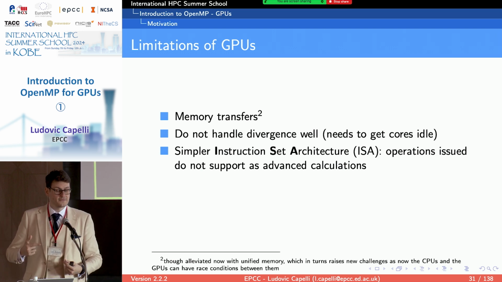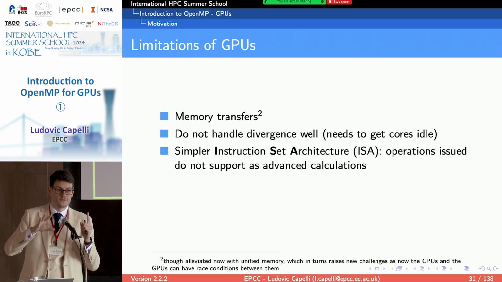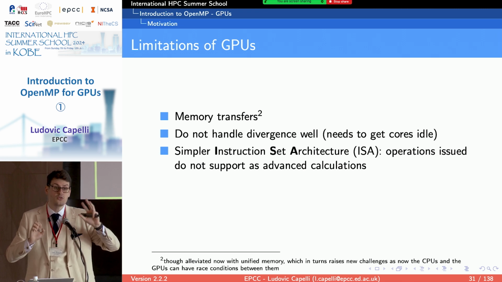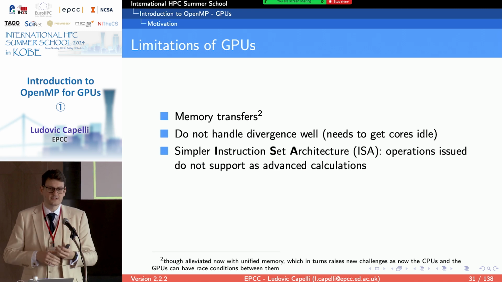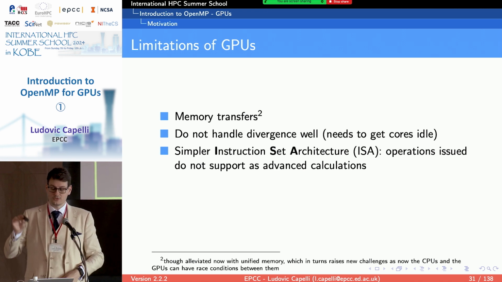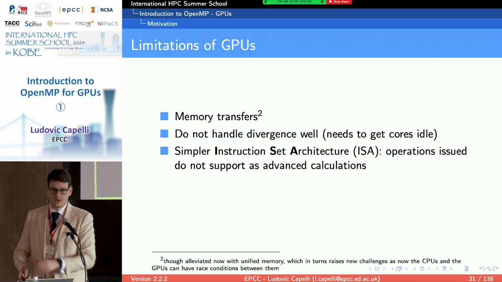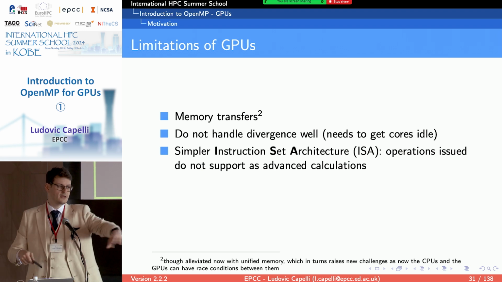However, if two different actions are to be done, let's say one by the first half of the cores, and the other by the other half of the cores, what happens is the program will say, okay, first I'm going to execute that statement. All the cores that need to do it, you do it. All the cores that do not do this one but will do the second operation, you wait for now.